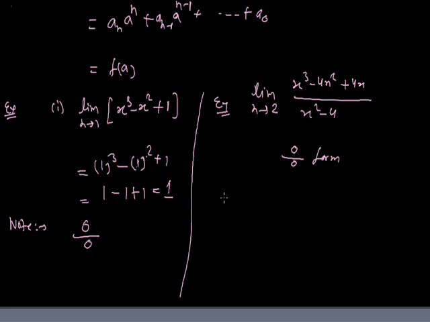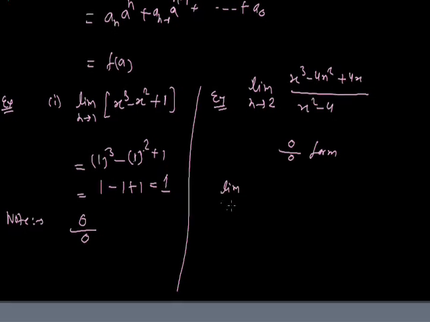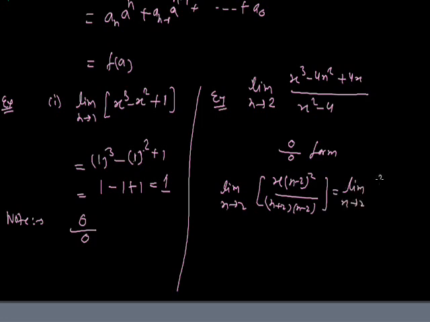First of all, we have to factor this. When we factor this, we get x times (x minus 2) square upon (x plus 2) into (x minus 2). Further we can write it as limit x tends to 2 of x times (x minus 2) upon (x plus 2).